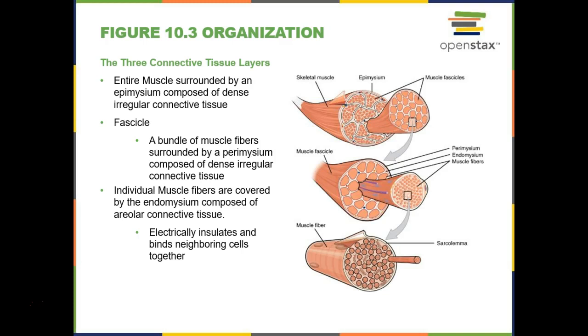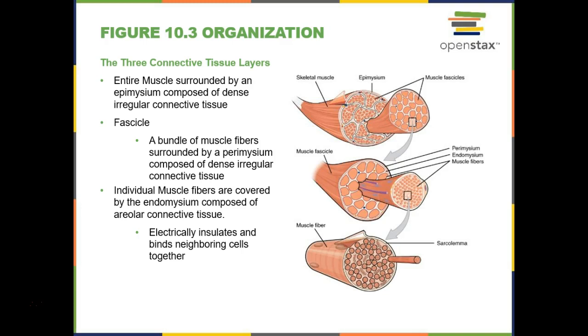These muscle fibers are then bundled into fascicles. A fascicle is a bundle, a group of muscle fibers. And so those larger muscles, like the leg muscles that we have, are going to have multiple fascicles that make up the muscle.